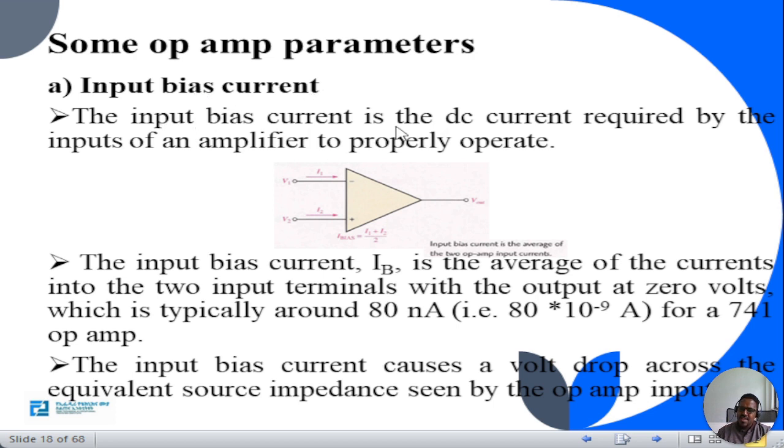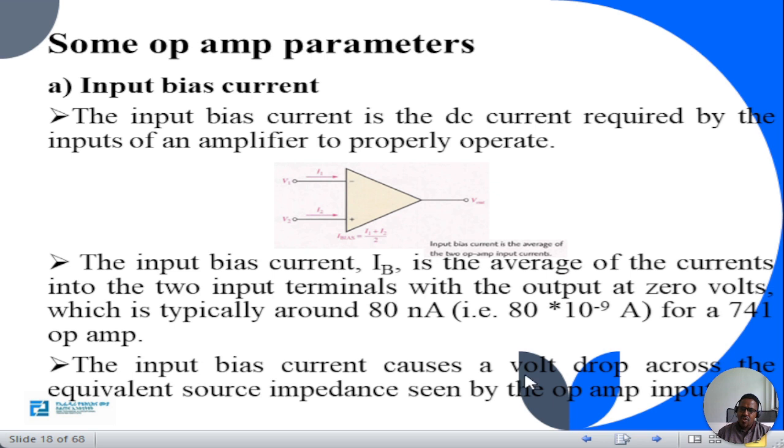The input bias current is the DC current required by the input of an amplifier to operate properly. It is the average of the currents into the two input terminals, V1 and V2, with the output at 0 volt, which is typically around 80 nanoampere, that means 80 times 10 to the power of negative 9 ampere, for a 741 op-amp. That is a popular type of op-amp.